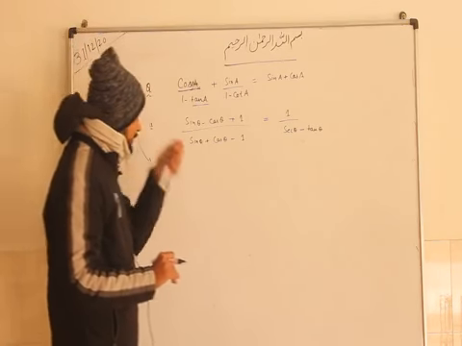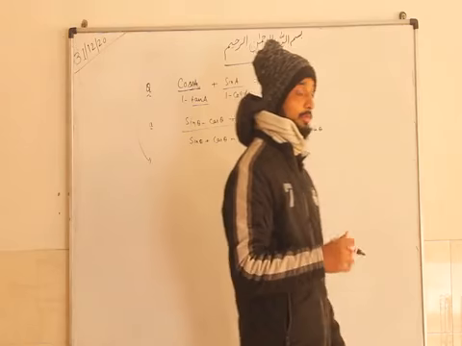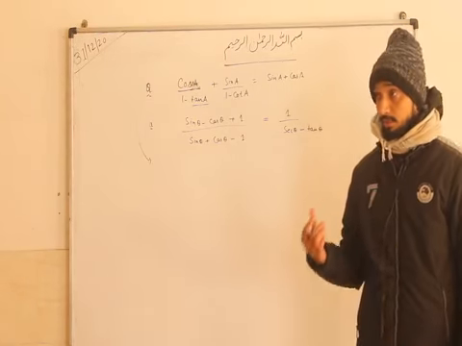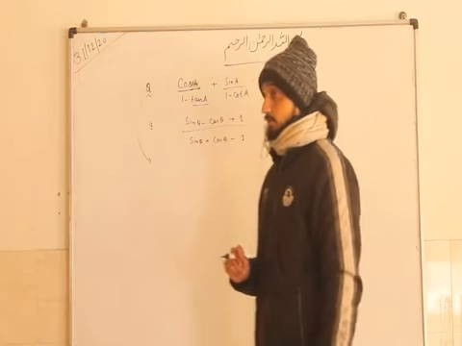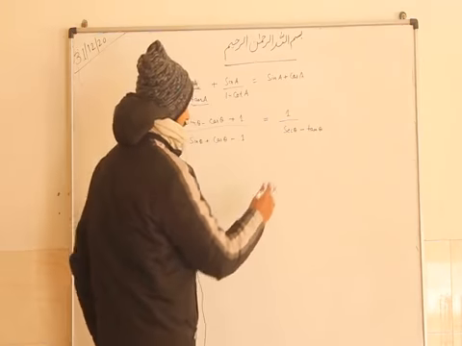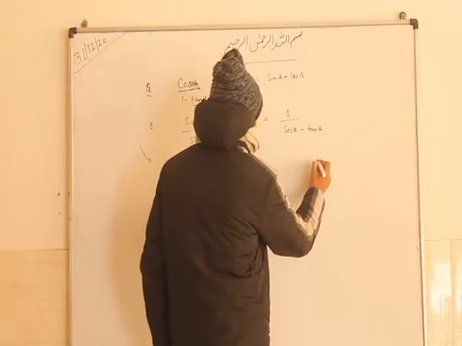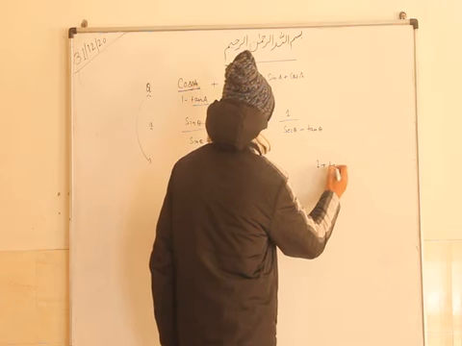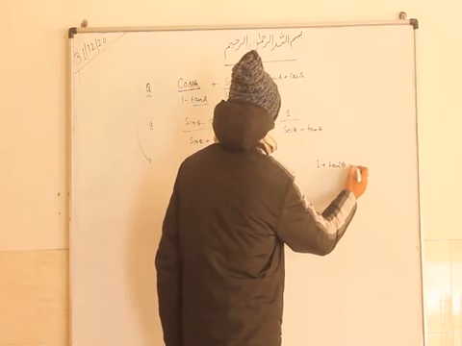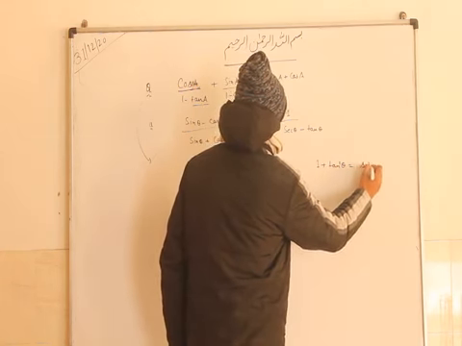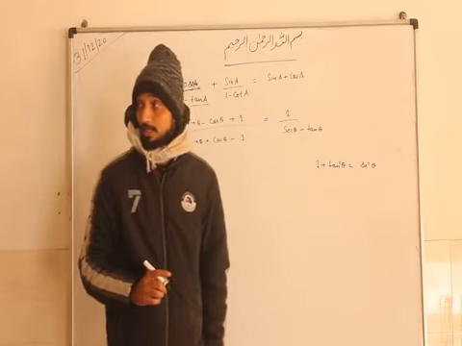Now see this one. One more thing I want to tell here: how will we solve these types of questions? There is one more logic for these. You know this identity of secant and tan, right? 1 plus tan square theta is equal to sec square theta.